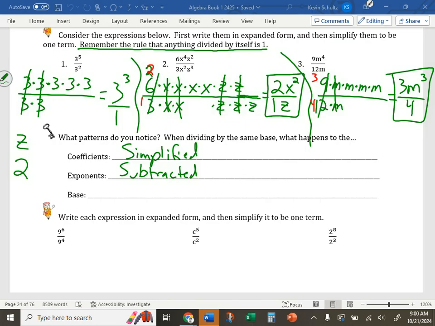This one, those z's though, how do you know whether your base is going to end up in the numerator or the denominator? How can you look at this and know that your x's are going to be in the numerator, the ones that are left, and your z is going to be in the denominator? What's your hint for that?